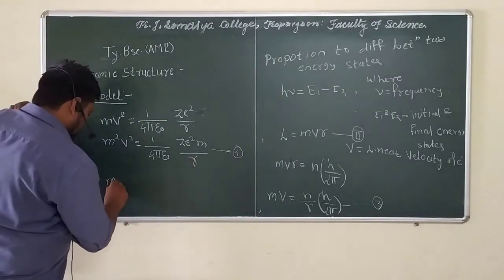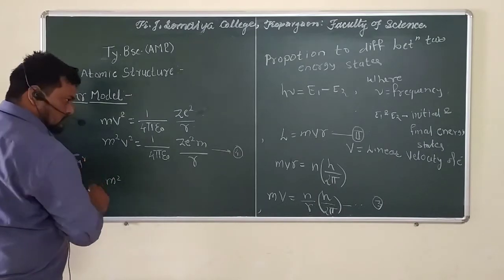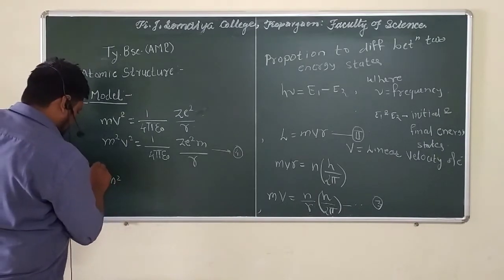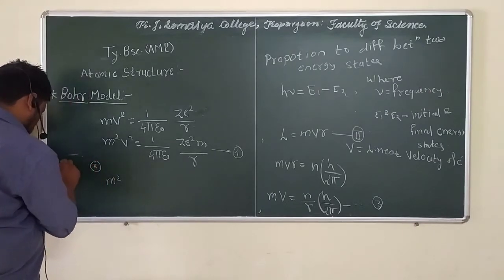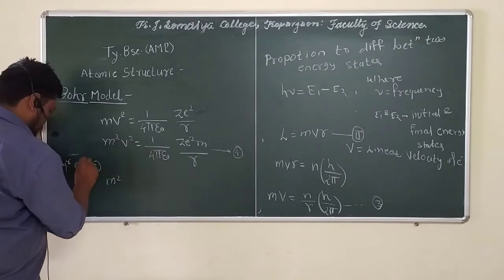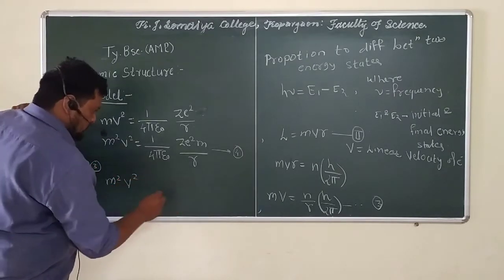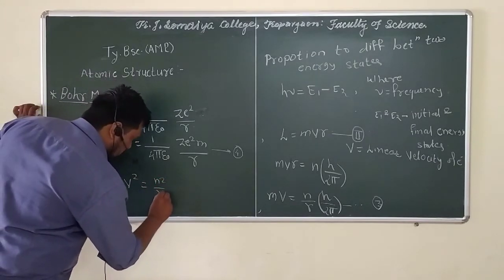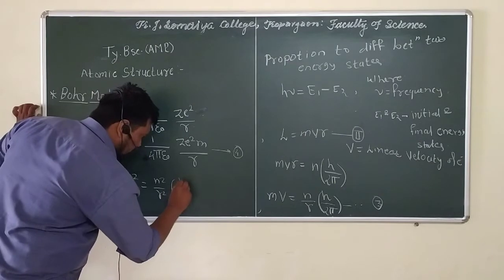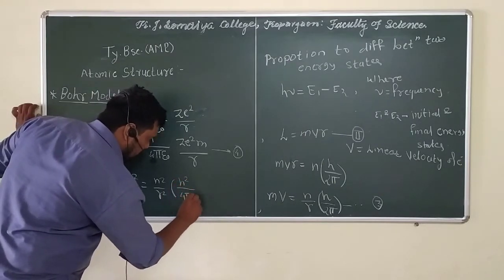Squaring the third equation, square of the equation third. So m square v square r square is equal to n square upon r square into h square upon 4 pi square.